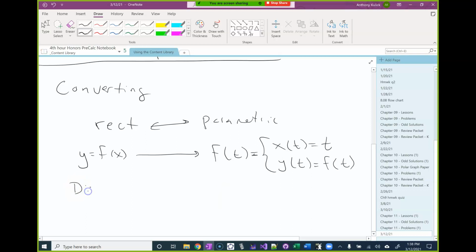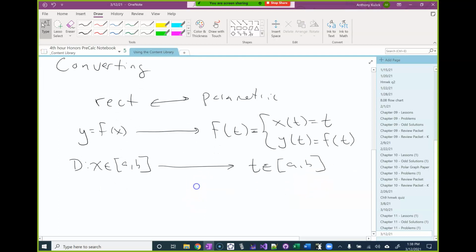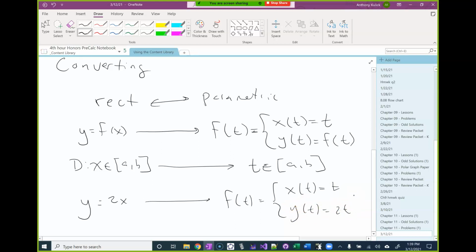The only thing that we have to be careful about is the domain here is going to have to transfer to our domain for t. So for example, we just have y equals 2x as a parametric. That's just going to be x of t is t, and y of t is 2t. Done.